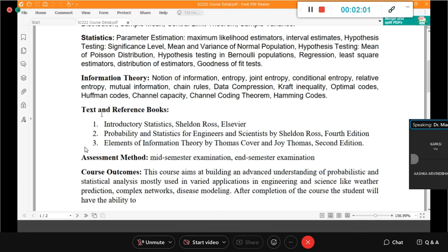Of course, the tutorials will be there, with associated TAs helping you in solving the problems. One of us will try to be there because it's a very large class, and it is not possible for a single person to address each doubt. If any doubt remains, you are always welcome to put it in an email.